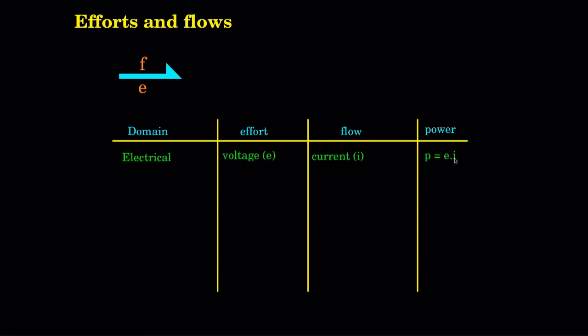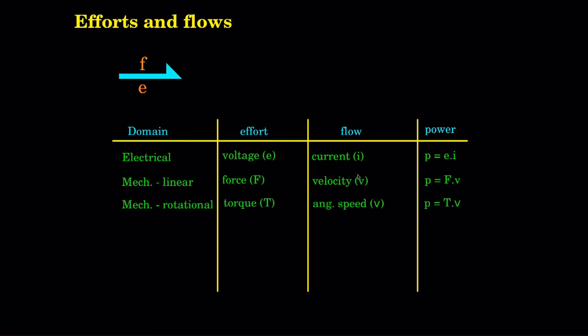Another example, mechanical, linear: effort is force, flow is velocity, force into velocity is power. Mechanical, rotational: what is effort and what is flow? In the rotational you have the torque as the effort and the angular velocity as the flow.